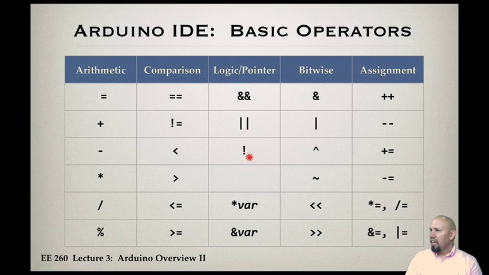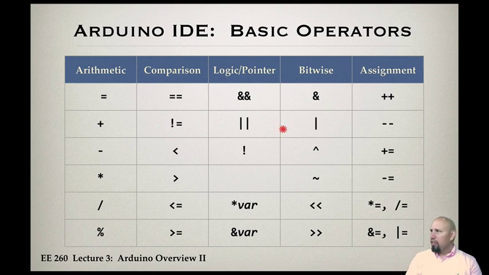Again, we also have pointers that can be used. We have two different kinds of pointers. This is just like in C. We can work with pointers in the Arduino IDE. We can do bitwise operations. If I have A and B, this is actually a bit-by-bit operation, so I would take the individual bits of the two things and AND them together.